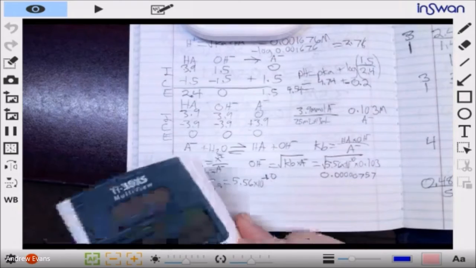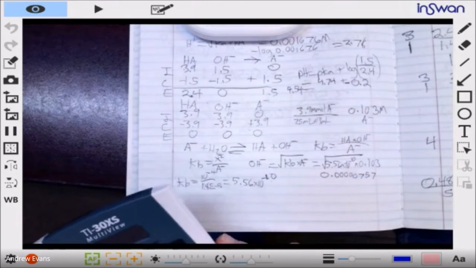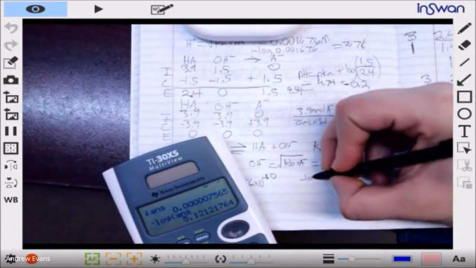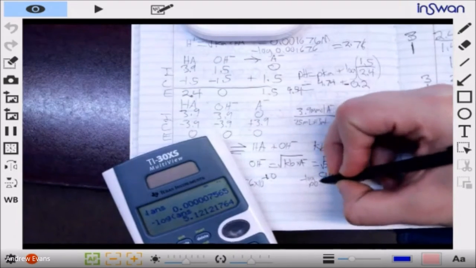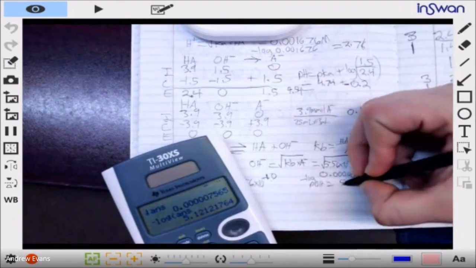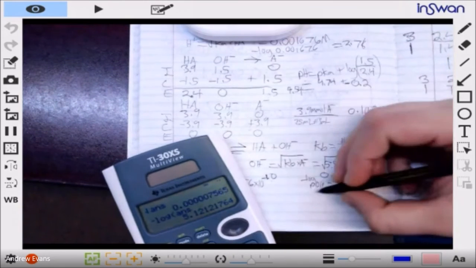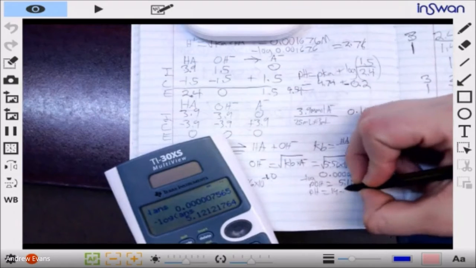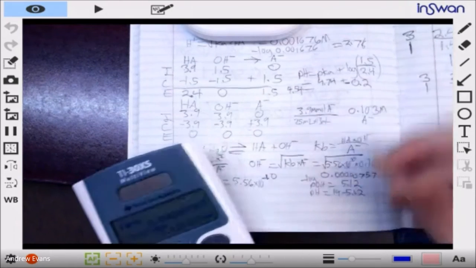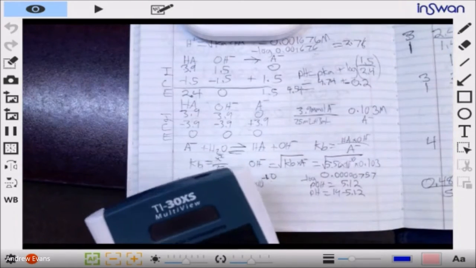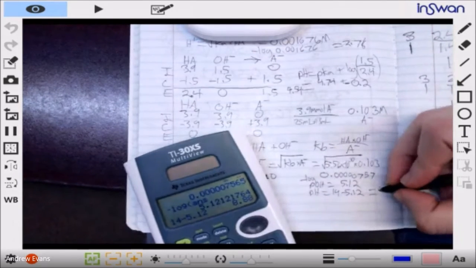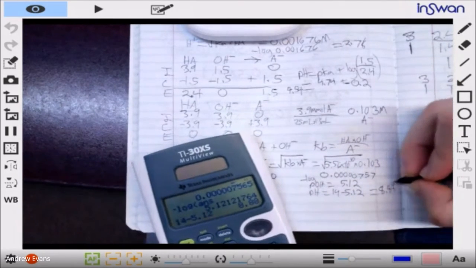Take the negative log of that, and we get pOH is 5.12. So pH is equal to 14 minus 5.12. And so we get a pH of 8.88.